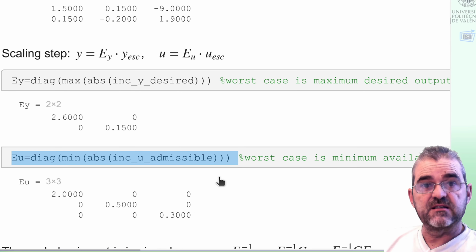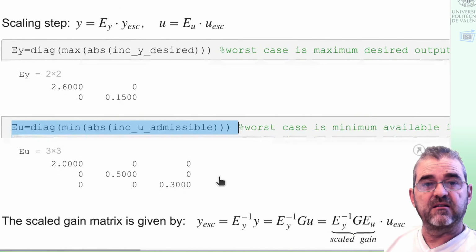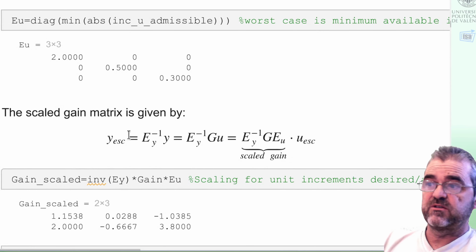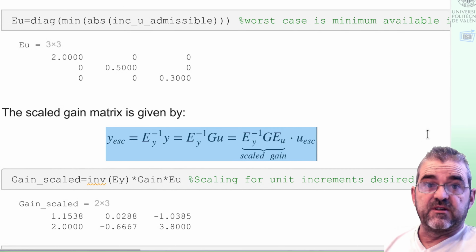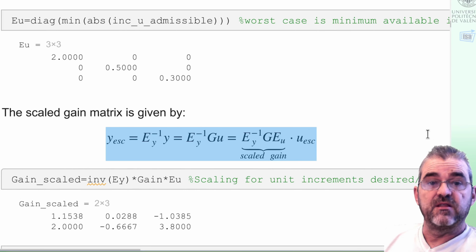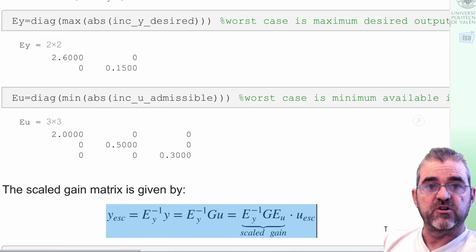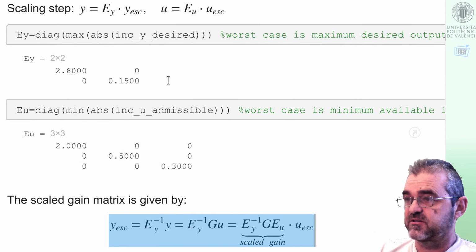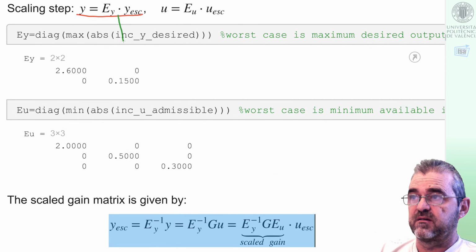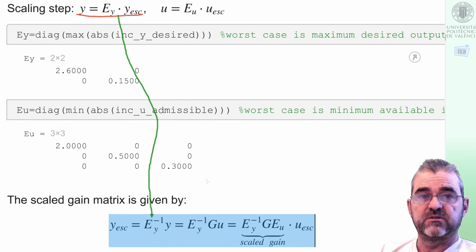So once we have translated the scaled input and output problems, the thing we need to do is compute the transfer function matrix, well, in this case just the gain, in these scaled units. So these are the computations. First, the scaled output is just the normal output increment divided by the scaling coefficients.